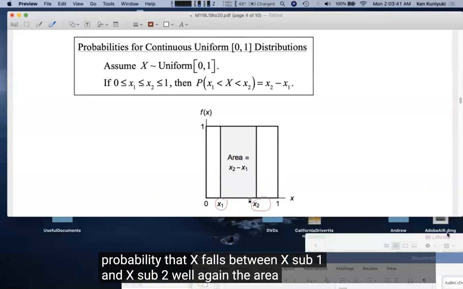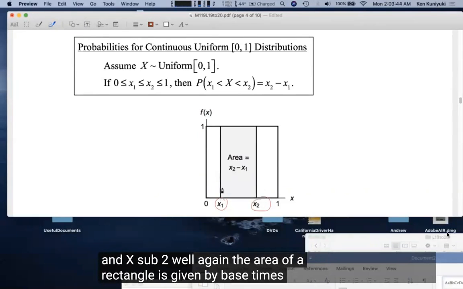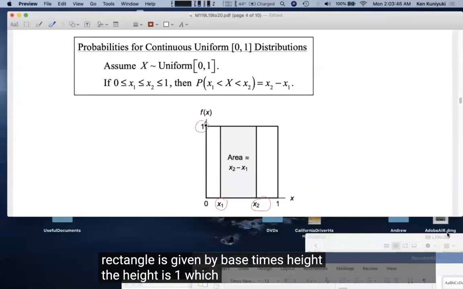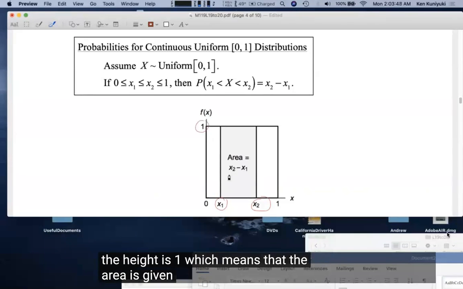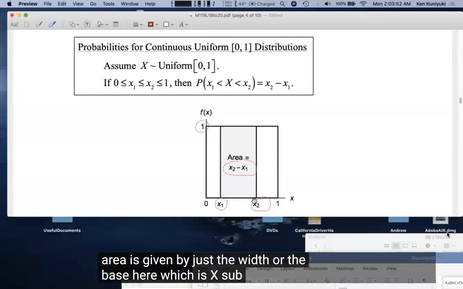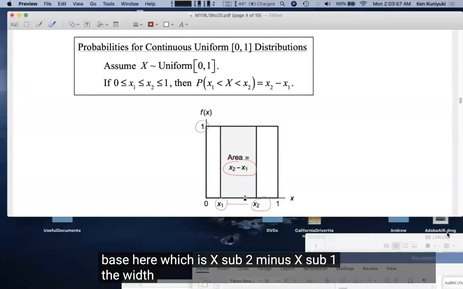Well, again, the area of a rectangle is given by base times height. The height is 1, which means that the area is given by just the width, or the base here, which is x sub 2 minus x sub 1, the width of this subinterval over here.